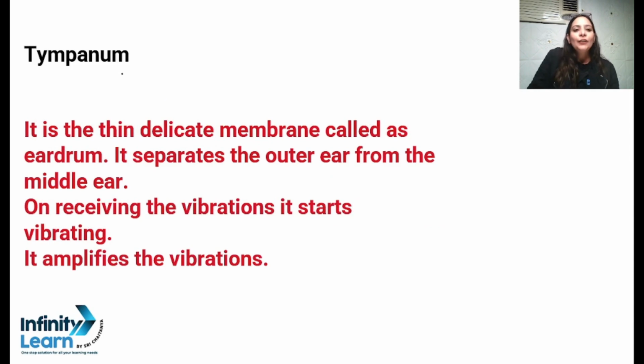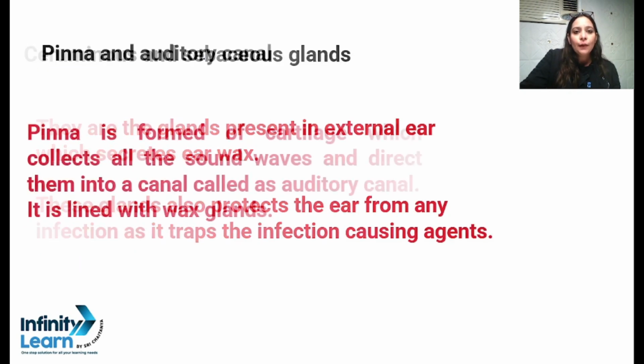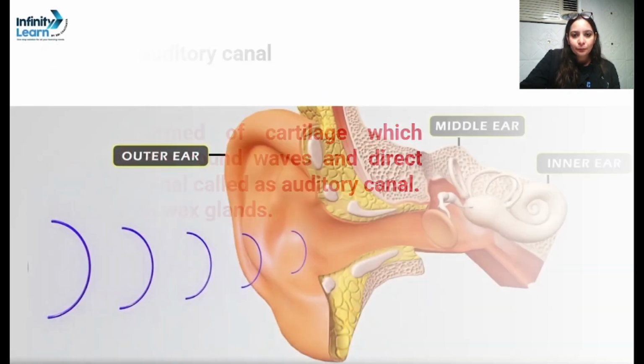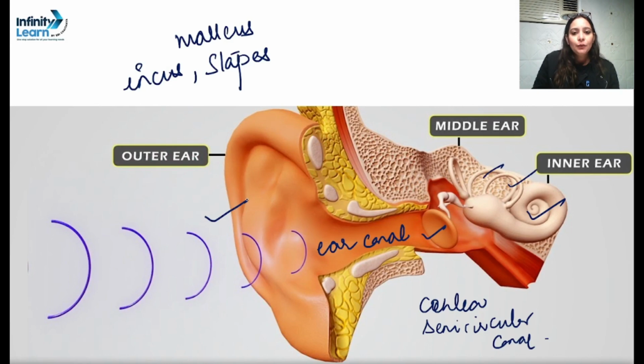Now talking about the tympanum. So what is the tympanum basically? See, the tympanum is the eardrum. We have already discussed it, I'll just show you. You have this ear canal, and this one which you can see is the eardrum, right?